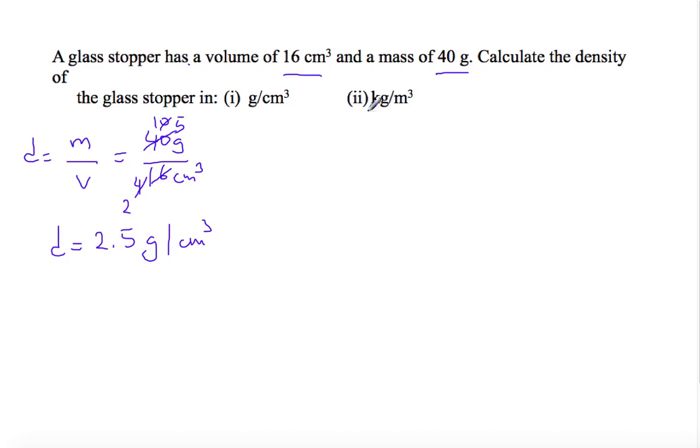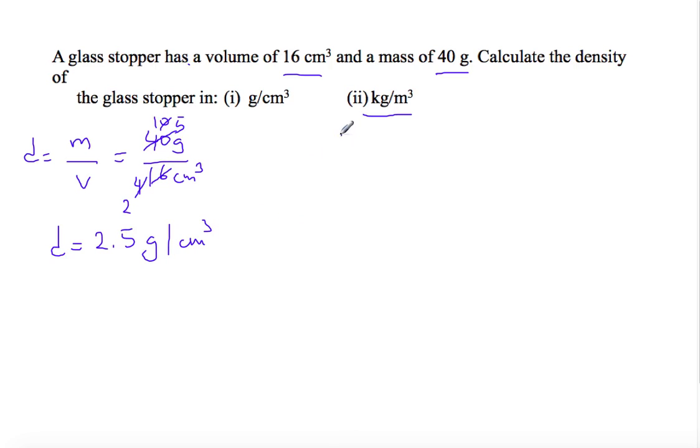So how can we write it in kilogram per meter cubed? There are two ways. One, you can convert gram to kilogram, then convert centimeter cubed to meter cubed and calculate, or directly we can convert from gram per centimeter cubed to kilogram per meter cubed.